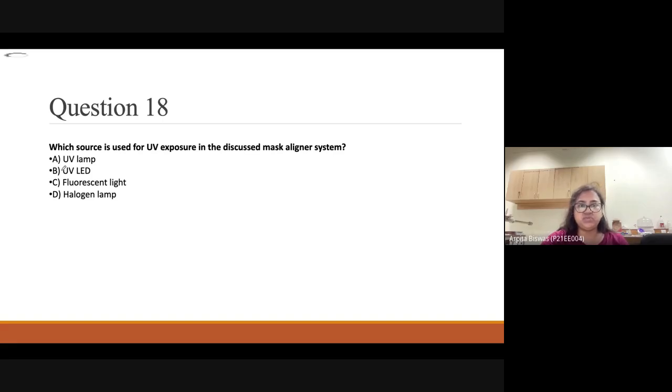This is question number 18. Which source is used for UV exposure in the discussed mask aligner system? First is the UV lamp, second UV LED, then fluorescent light, and halogen lamp. So which one is the right answer?